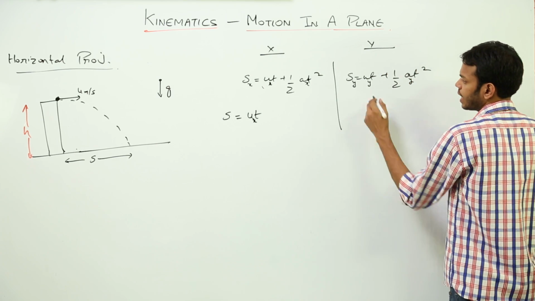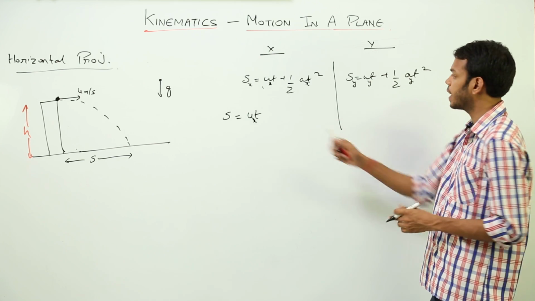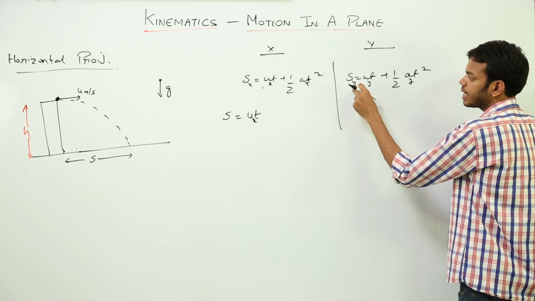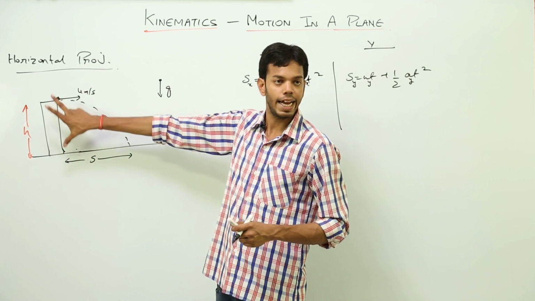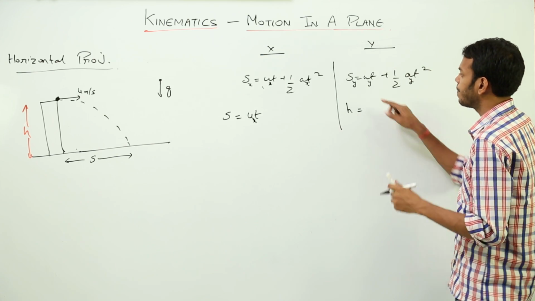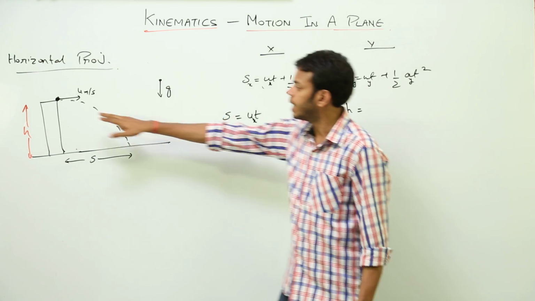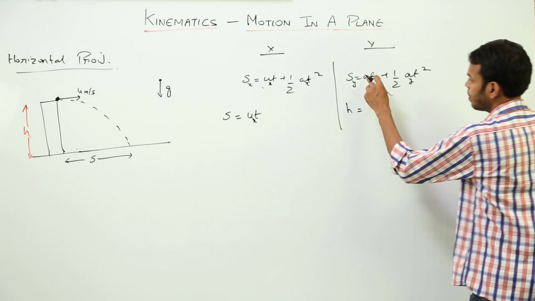Secondly, sy. We still want to frame the formula, so I want to write this t in terms of something else. Sy is the displacement along the y axis, which is this h distance. So h equals uy t, what is uy? Initial velocity along the y axis. There is no initial velocity along the y axis, it is only along the x axis, so this term is 0.